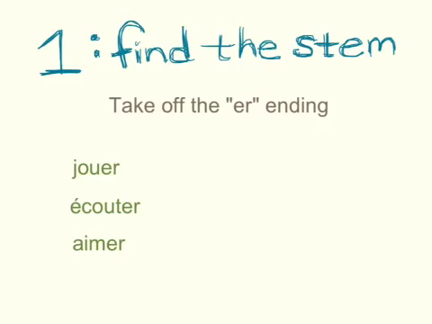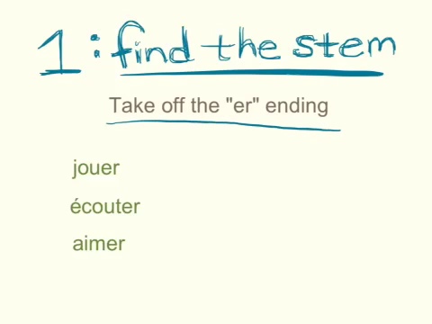So there are two steps in conjugating ER verbs in French. The first step is to find the stem. In order to do that, all we do is take off the ER ending. So our first example here, jouer, we're going to take off the ER, and that gives us our stem, J-O-U.